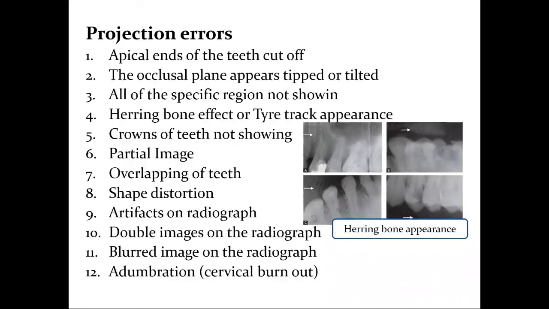You will see this kind of variation because the root formation in certain posterior teeth is found to be concave. So it is more of an optical illusion, an error that you see. This can be asked as a short note or a short essay, that is adumbration, or the other name, cervical burnout.